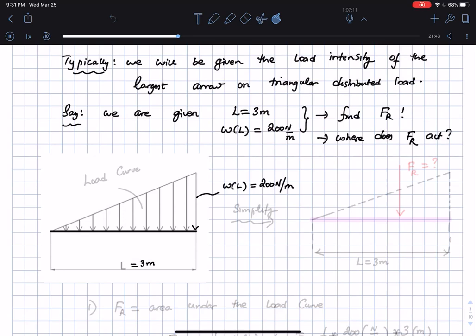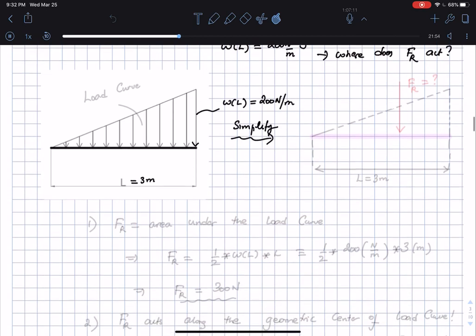Apologies for that. I want to simplify this to the following situation. I have the beam here, and the total length is given to me as 3 meters. That remains the same as before, so L is equal to 3 meters.